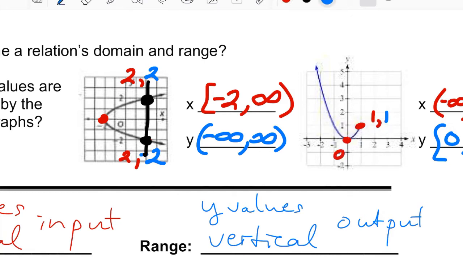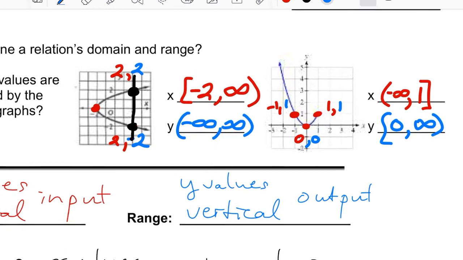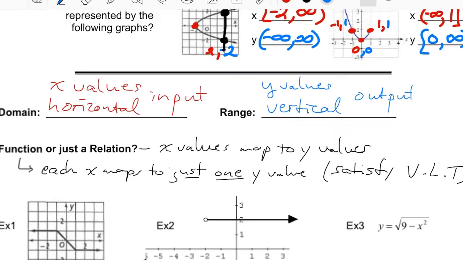This x value of 0 only connects to a y value of 0. Now this x value of -1 happens to connect to a y value of 1, but the important thing is that it still only connects to one y value. In other words, it's okay if I share y values as long as it's only connected to 1. And we would say that this graph is a function.